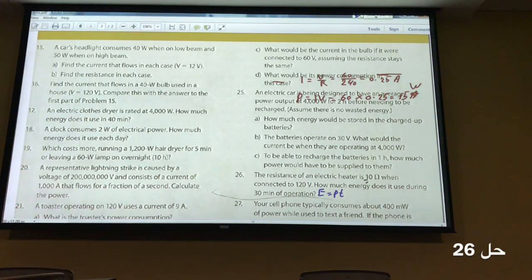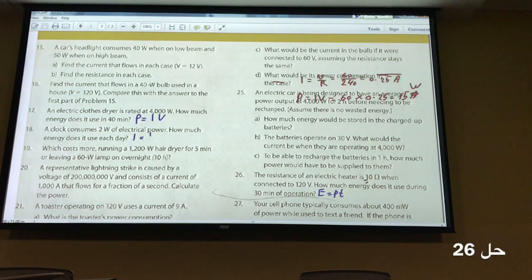We have the T, but we don't have the P. So we need another equation. P equals IV. We have the V, but we don't have the I. We need a third equation. I equals V over R, since he gave you the resistance, so you need to use Ohm's law.